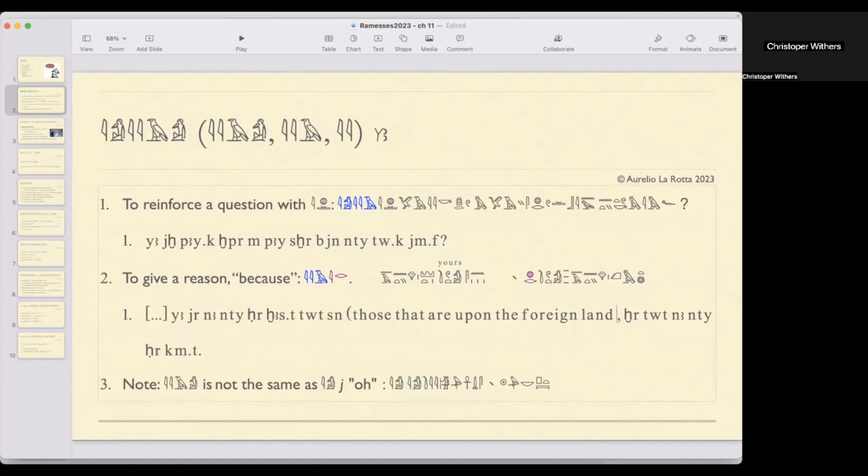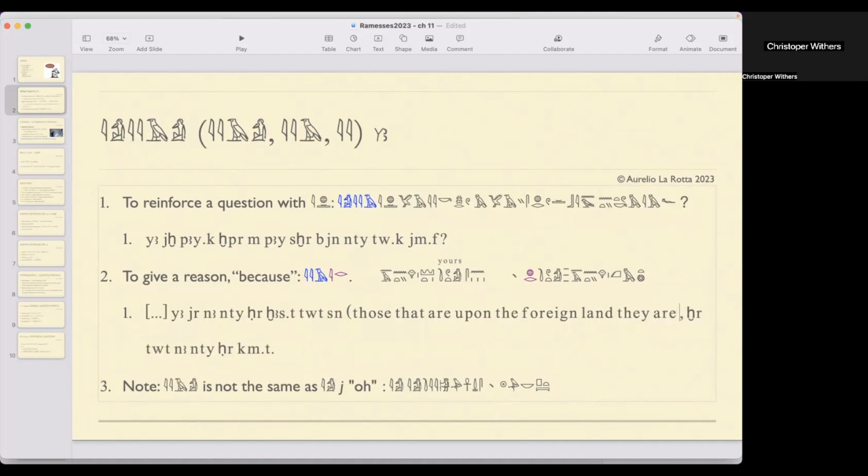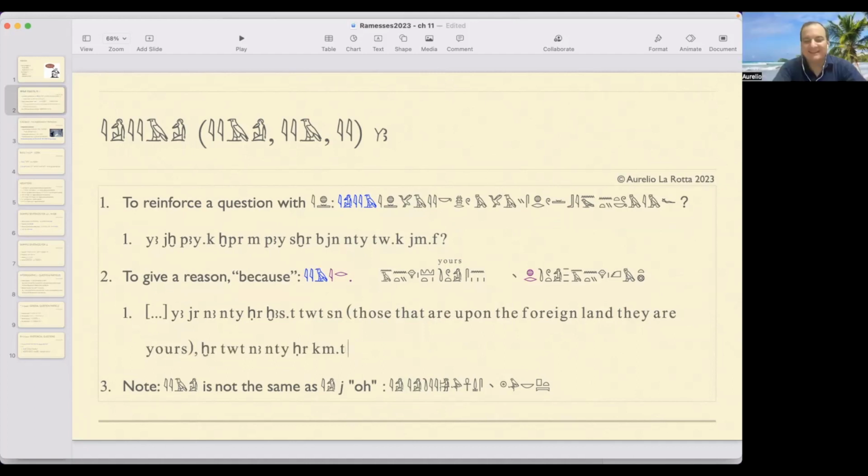All right. So, and those who are upon Kemet. No, wait, no, and yours, yeah. Yeah, I think you're getting there. And yours. And then there's yours. And we have this na enti. And yours, and those who are upon Kemet. That's right.